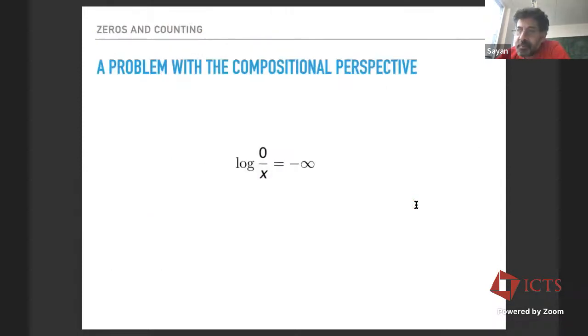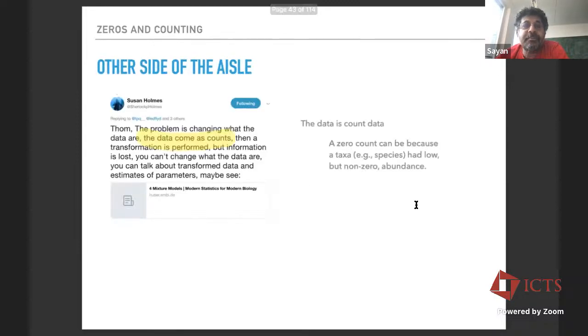But there's a really basic problem with the compositional perspective, which is these data are sparse. So when you have a zero, you get negative infinity. And, well, that's a problem.